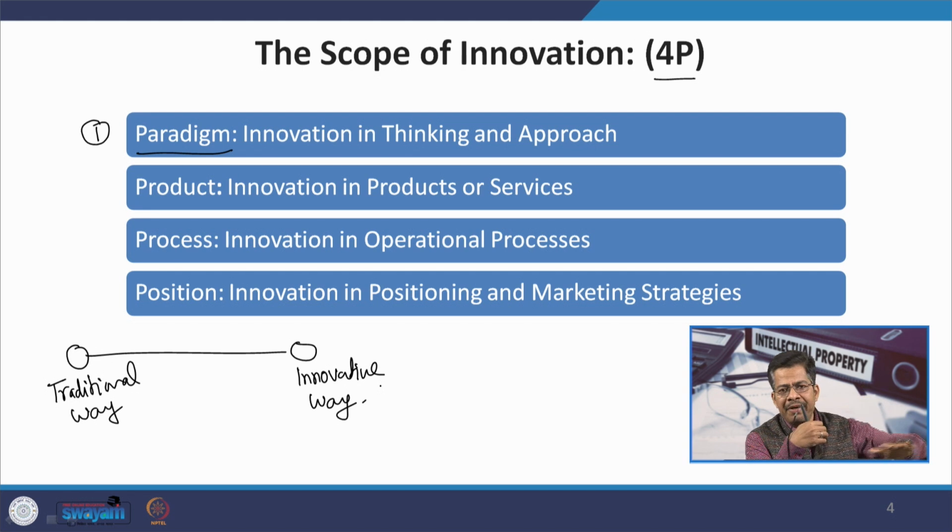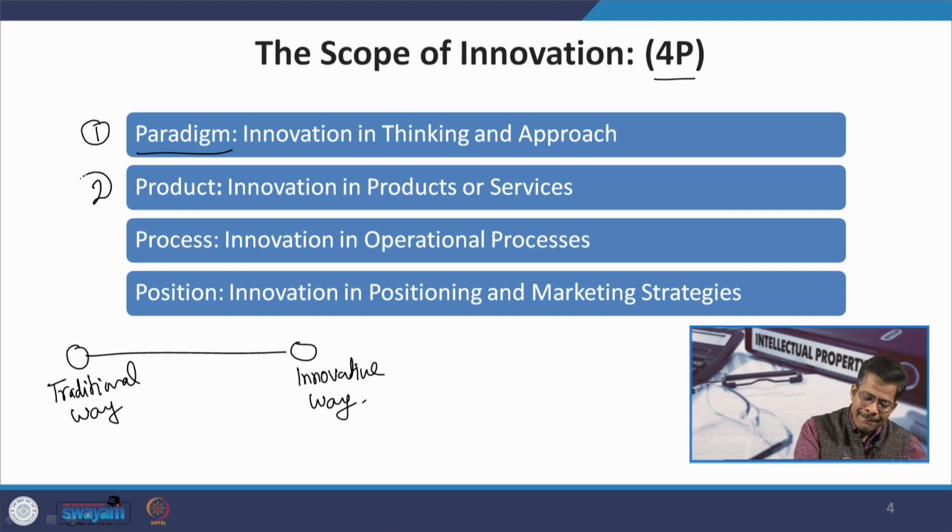Based on your performance in the classes, I am able to assess you, or I may use technology where I put a lot of sensors in the class and I am able to map your brain during the class discussions, and with those signals I am able to give you the grades. No exam required. This requires innovative way of thinking. So, paradigm related innovations are possible, that is how we are changing our thought process. That thought process change is the innovative way of thinking.